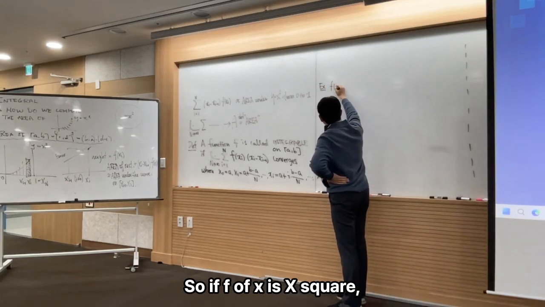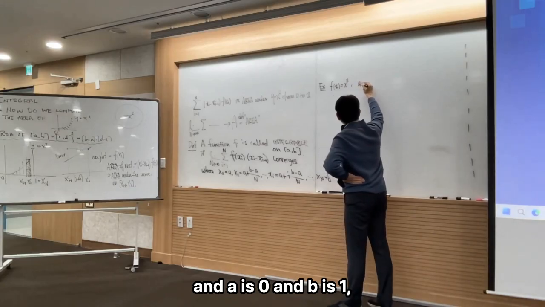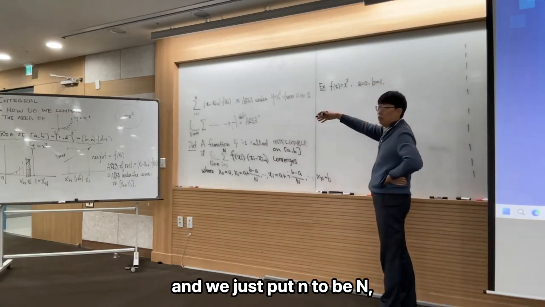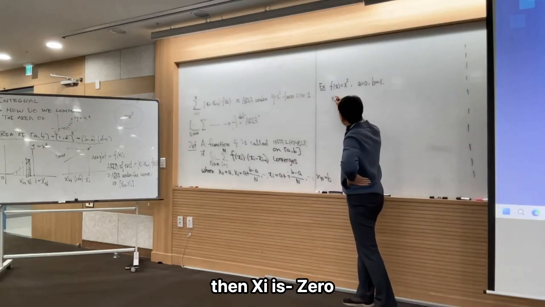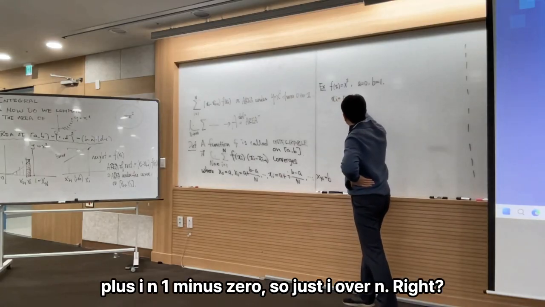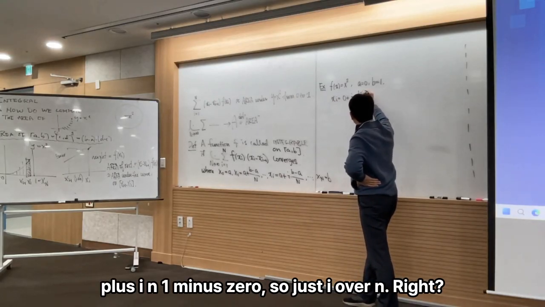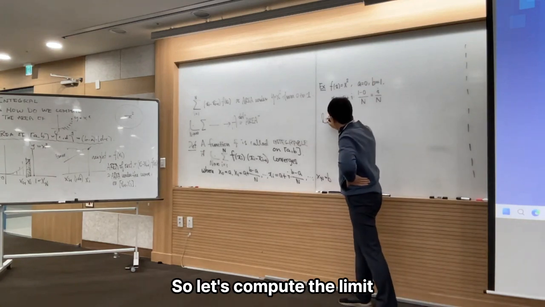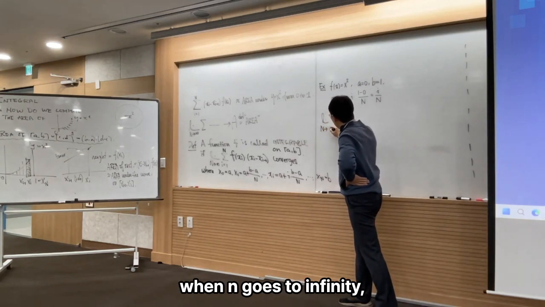So if f(x) is x squared, and a is 0 and b is 1, and we just put n to be n, then xi is 0 plus i times (1 minus 0)/n, so just i over n, right? So let's compute the limit when n goes to infinity.